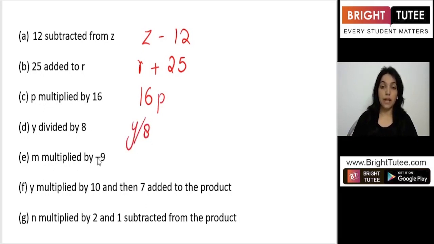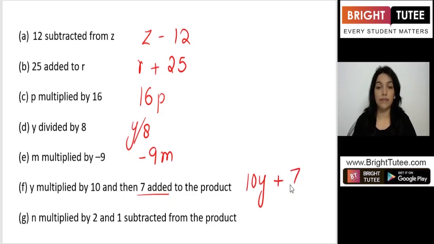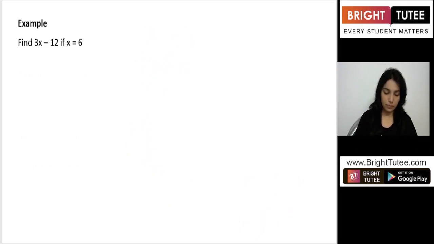Then m multiplied by minus 9, so it is minus 9m. Then y multiplied by 10, so it is 10y. Then 7 is added to the product. So we add the 7. Then n multiplied by 2, then 1 subtracted from the product. So 2n minus 1. I hope it's clear and simple.